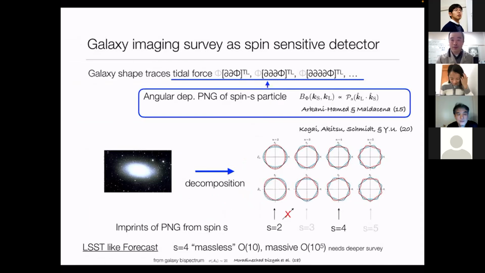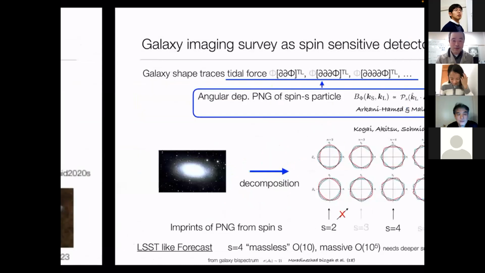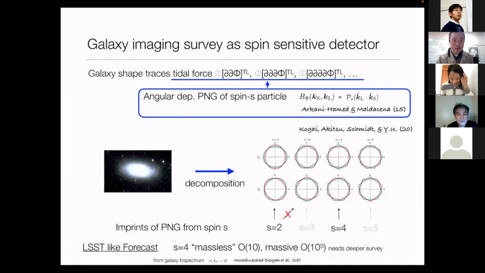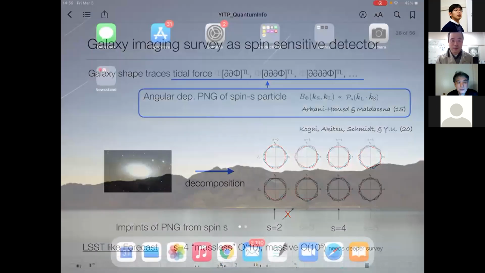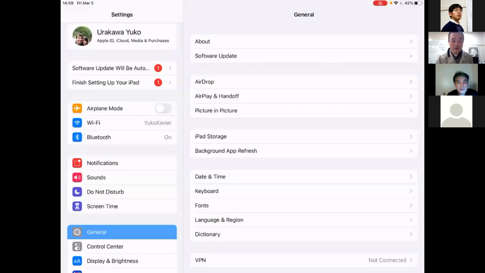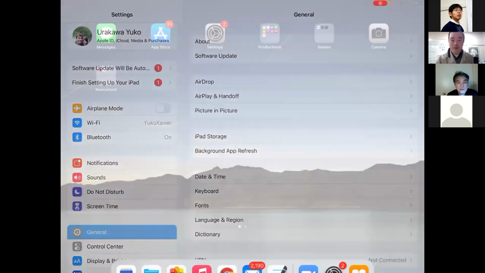Stop. Urakawa-san, could you turn on microphone? And yeah. So okay. So okay. General. iPad.